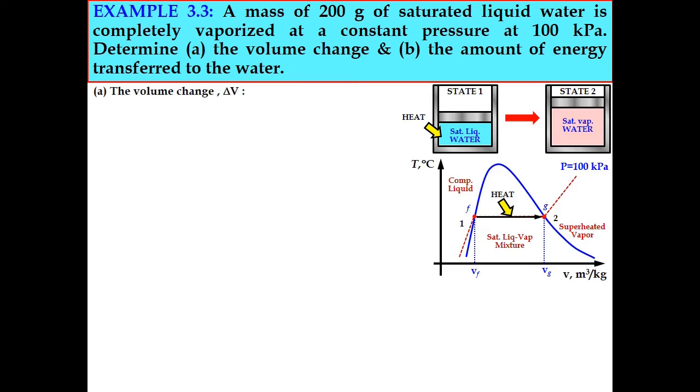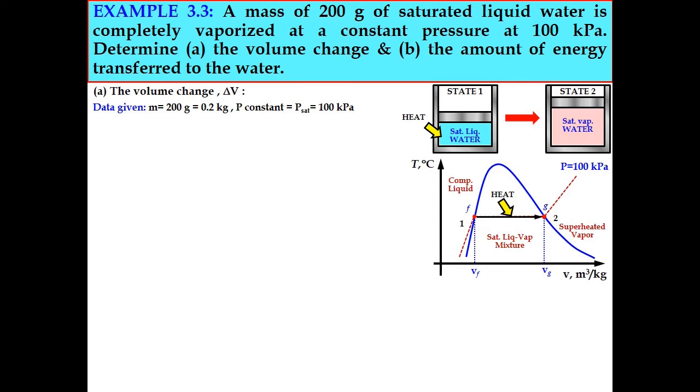Now we want to determine the volume change, which in symbol is delta V, capital letter V. The data given is mass equal to 200 gram, which we change into SI unit, 0.2 kilogram.